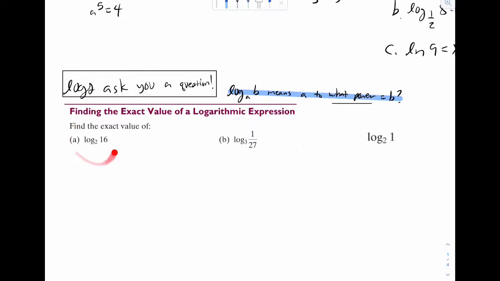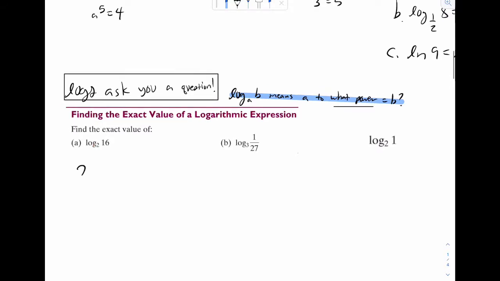So if you look at this, you just have to figure out what it's asking you. Log base 2 of 16 is asking you 2 to what power would make 16? So this thing must be 4. Now if you really understand this concept, it gets pretty easy because now you think, okay, 3 to what power is 1 over 27?